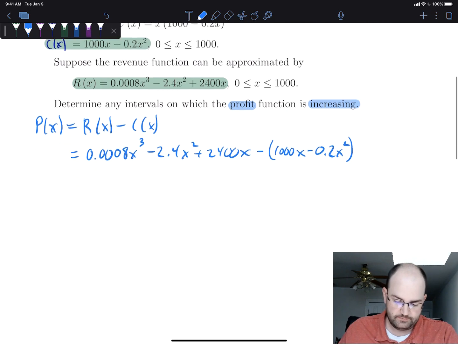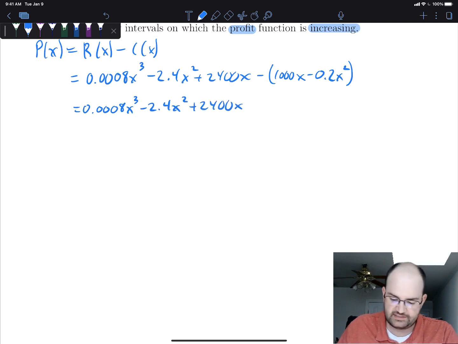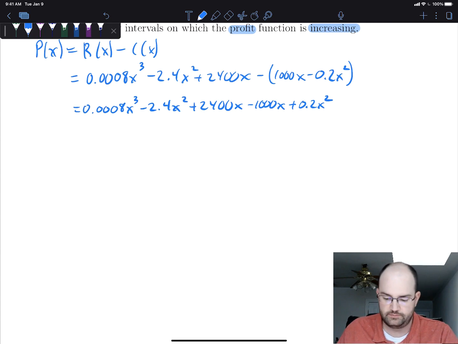Distribute the 1,000, and distribute the negative. That gives us 0.0008x cubed minus 2.4x squared plus 2,400x, and then minus 1,000x plus 0.2x squared.